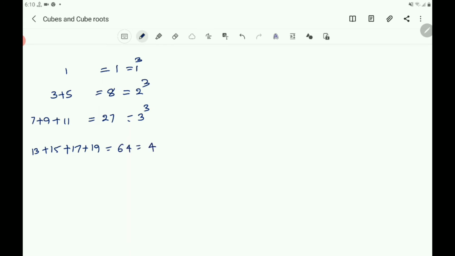You will get 4 cube. Next odd numbers after 19 are 21 plus 23 plus 25 plus 27 plus 29. You will get 125. That equals 5 cube.